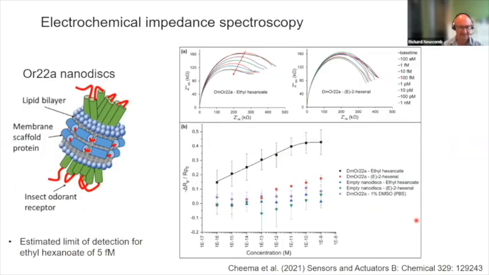Methyl salicylate smells like liniment. And here's another receptor, OR22A in nanodiscs, detecting ethyl hexanoate. And you can see that the sensitivity levels are quite incredible, down well below pico femtomolar. So in these formats, these receptors are incredibly sensitive biosensors.